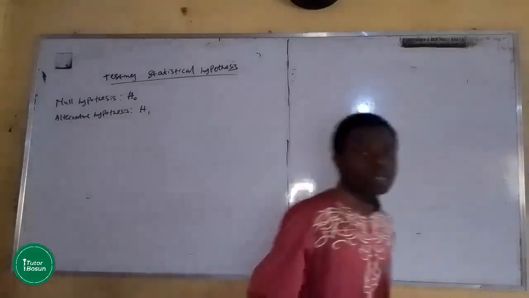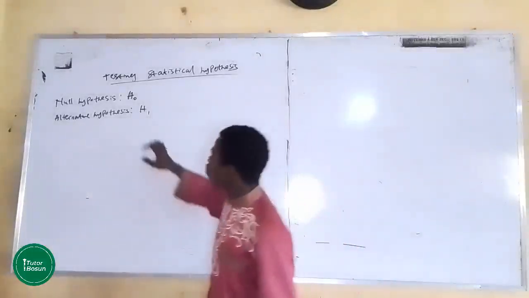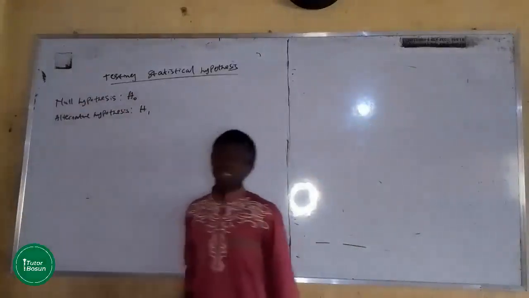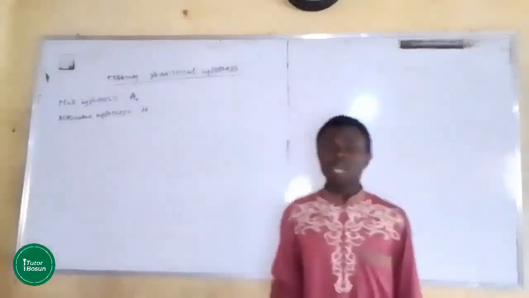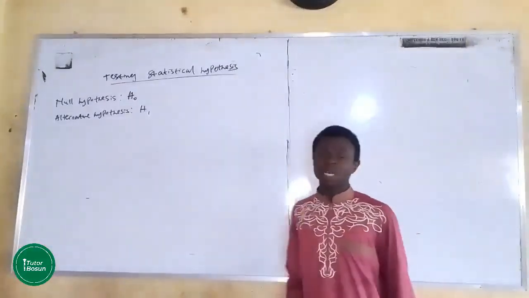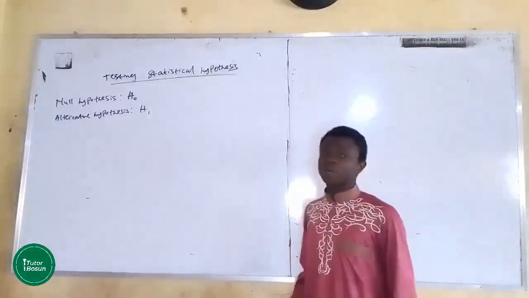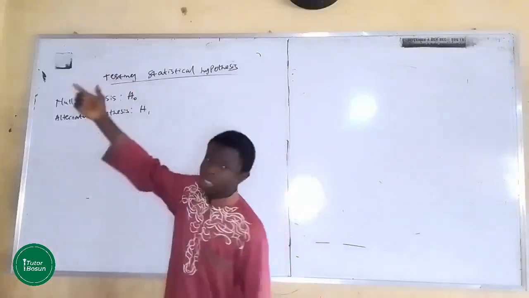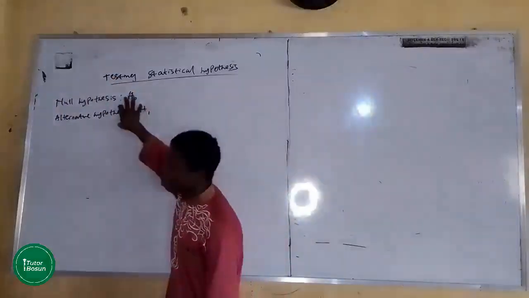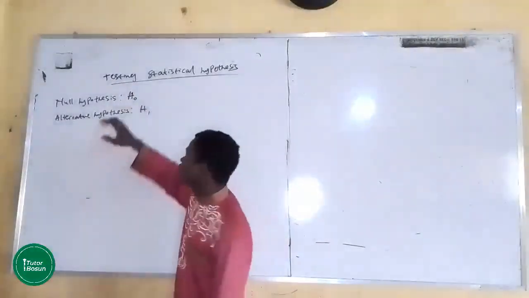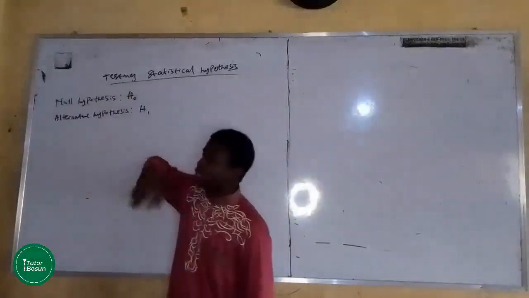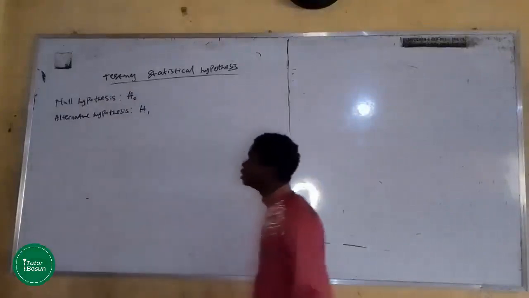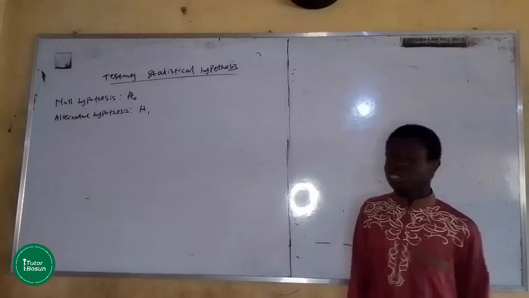We focus more on the null hypothesis, so we can either reject or accept our null hypothesis. Once the null hypothesis is rejected, it automatically means that the alternative hypothesis is accepted. And if the null hypothesis is accepted, it means that your alternative hypothesis is rejected.